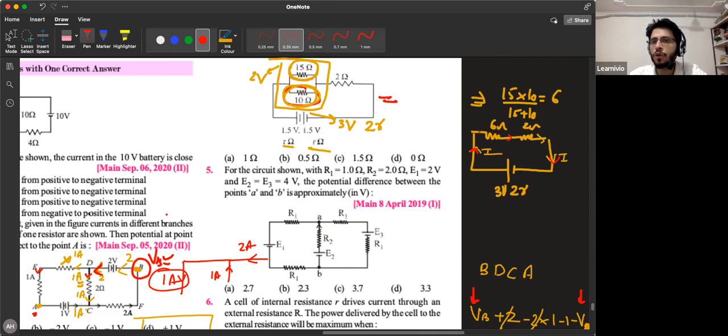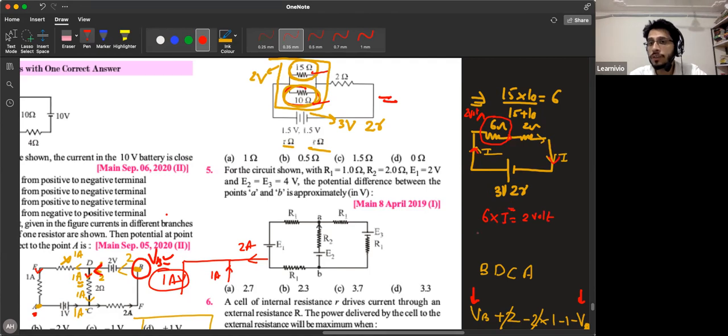You know that the voltage drop across this 6 ohm is 2 volt. Across this is 2 volt, across this will be 2 volt because they are in parallel. So across the combination will also be 2 volt. Let's say this current is I.